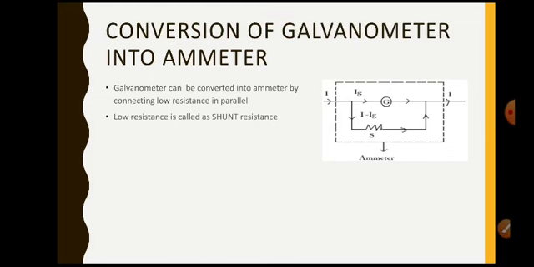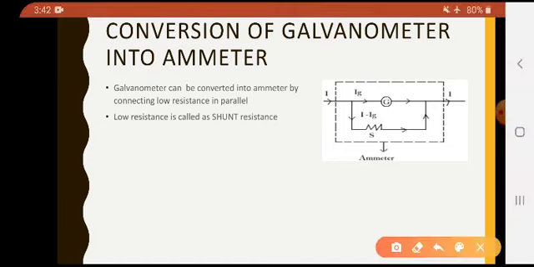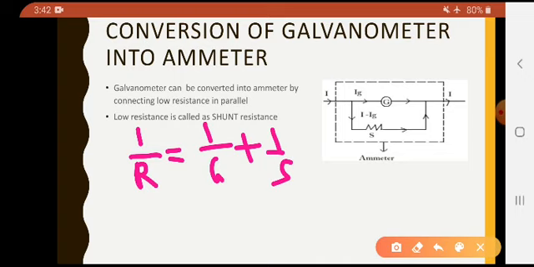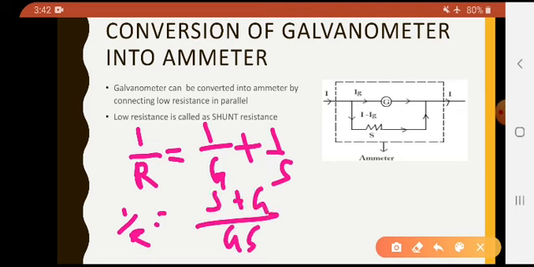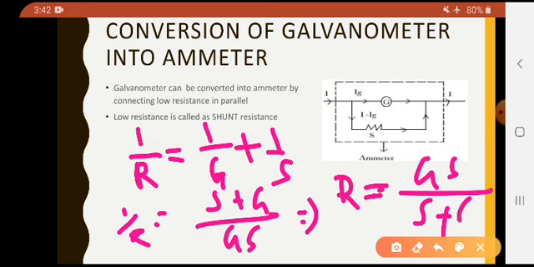We have two resistances connected in parallel, so for the effective resistance R, 1 by R equals 1 by G plus 1 by S. Last class we studied the effective resistance when more resistors are connected. Taking the LCM GS, 1 by R equals S plus G over GS. Therefore, R equals GS by S plus G.